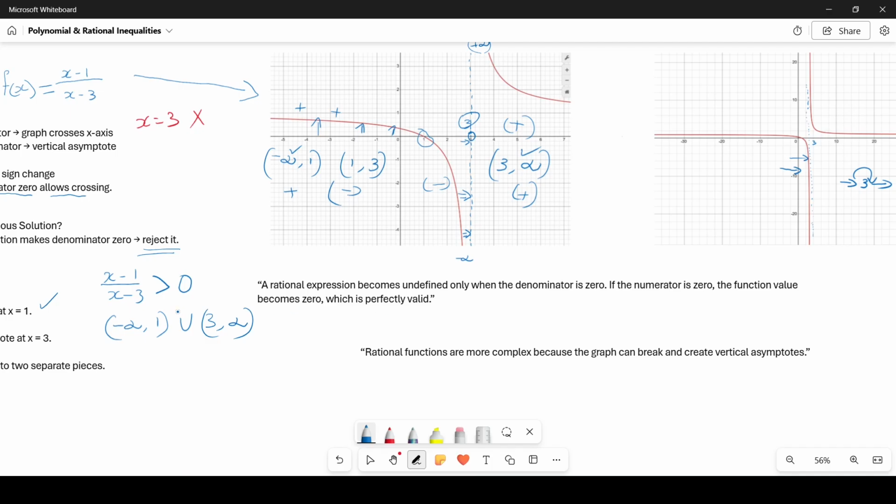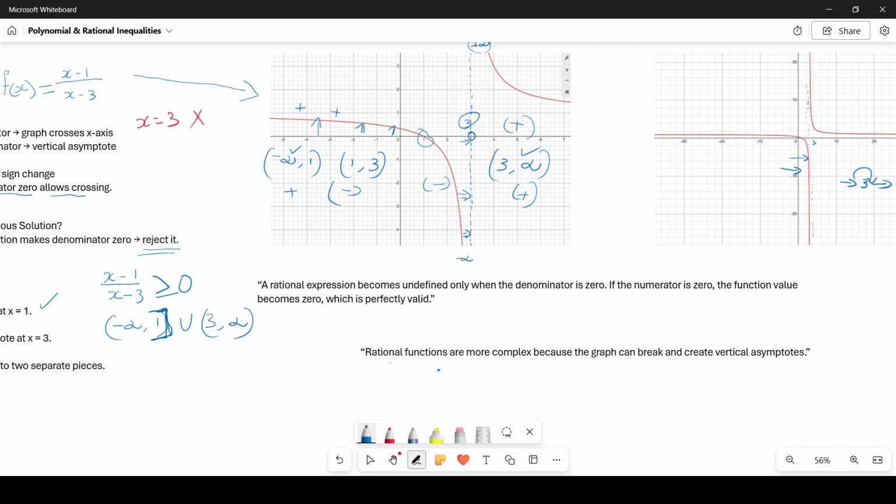If the inequality says greater than or equal to 0, we need to include this 1 also. But for the vertical asymptote, the extraneous solution, there is no solution. If the denominator is 0, we need to stop right away, we cannot apply any further algebraic techniques or calculation.